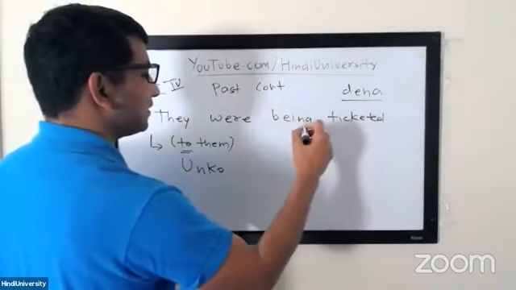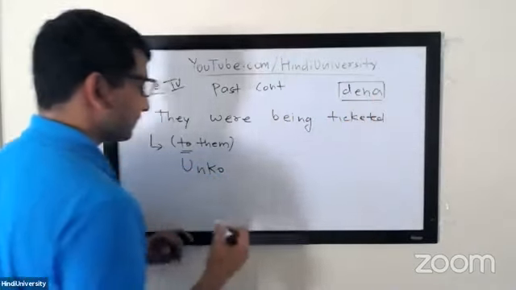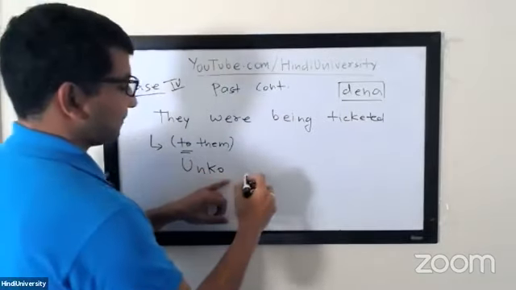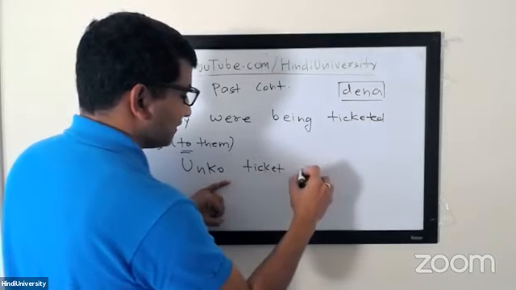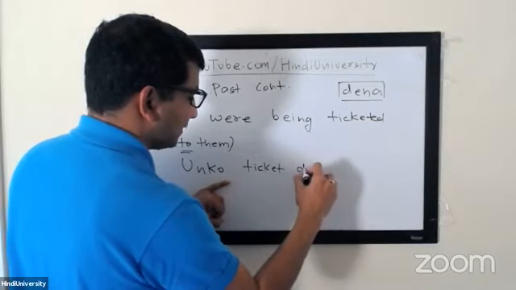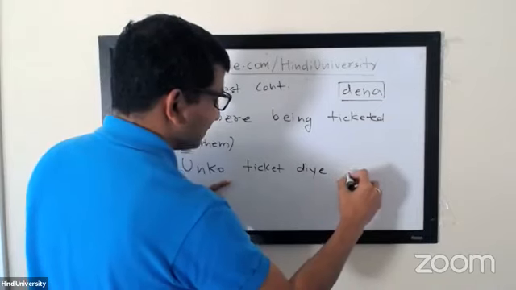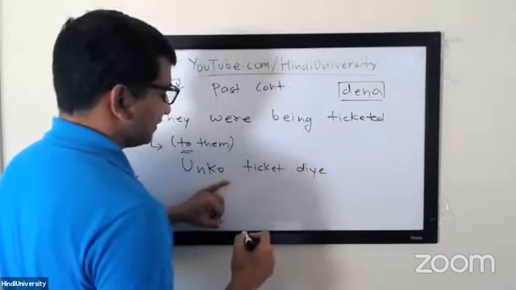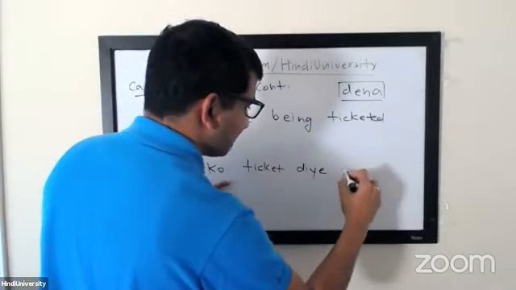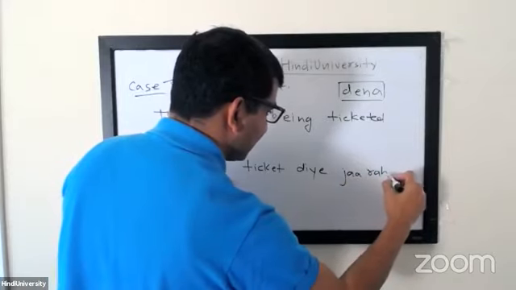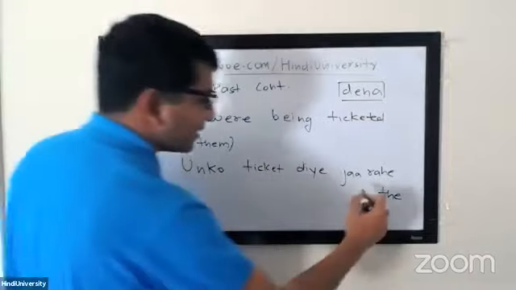So they were given, they were being, okay. So think of the verb ticket dena. उनको टिकट दिए जा रहे थे. Okay, past continuous. Okay, जा रहे थे.